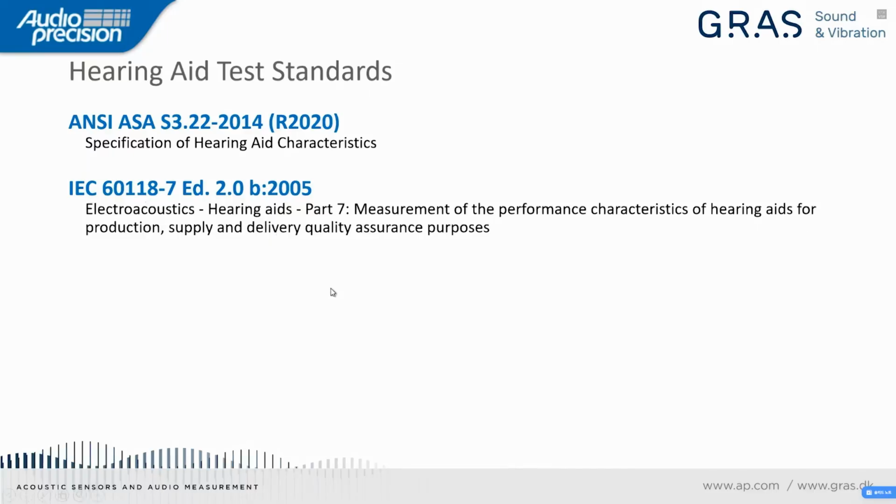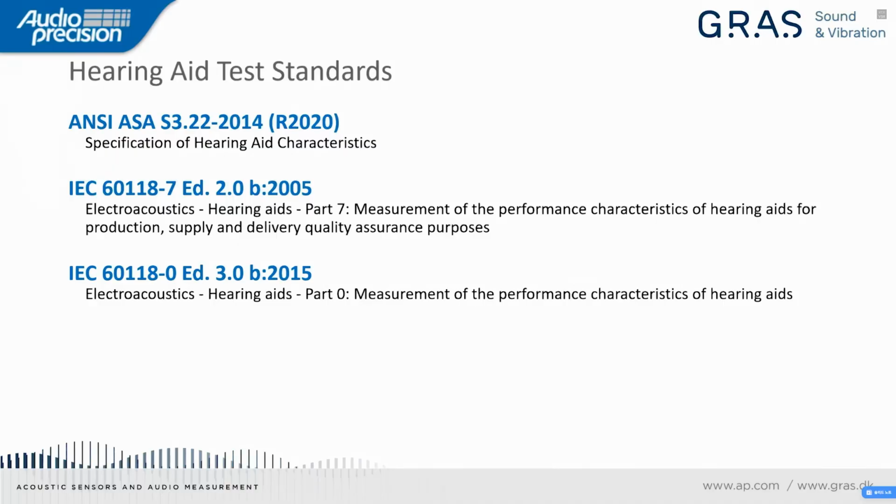We also have Part 0 of the IEC 60118 series, and this one is titled Measurement of the Performance Characteristics of Hearing Aids. This is used more for research and development. For example, if you were developing a new model of hearing aid and you wanted to develop a data sheet or specifications that you would deliver to a country that you're introducing the hearing aid to, you would more likely follow the tests in this standard.